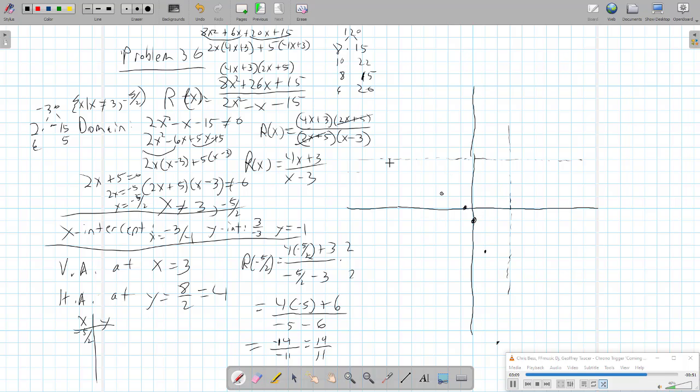Let's see about this side. If I look at -4, it's about 1.8. Let's go all the way out to -10. -10 is about 2.8. So it's approaching the horizontal asymptote just very slowly.